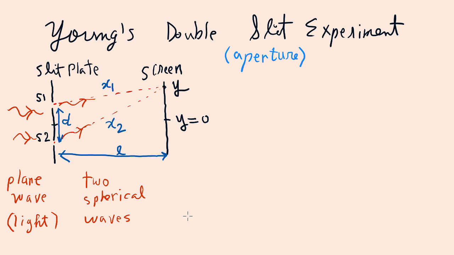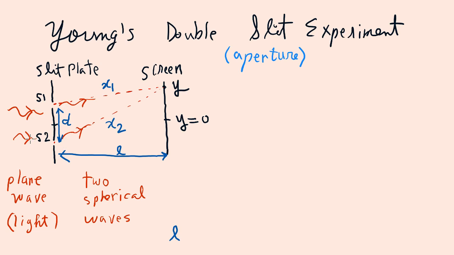In a scattering experiment in physics, there is a very commonly made assumption, which is that the distance from the scattering source, which in this case is the slit plate, to the screen, namely L, is much greater than the size of the object that scatters the light.